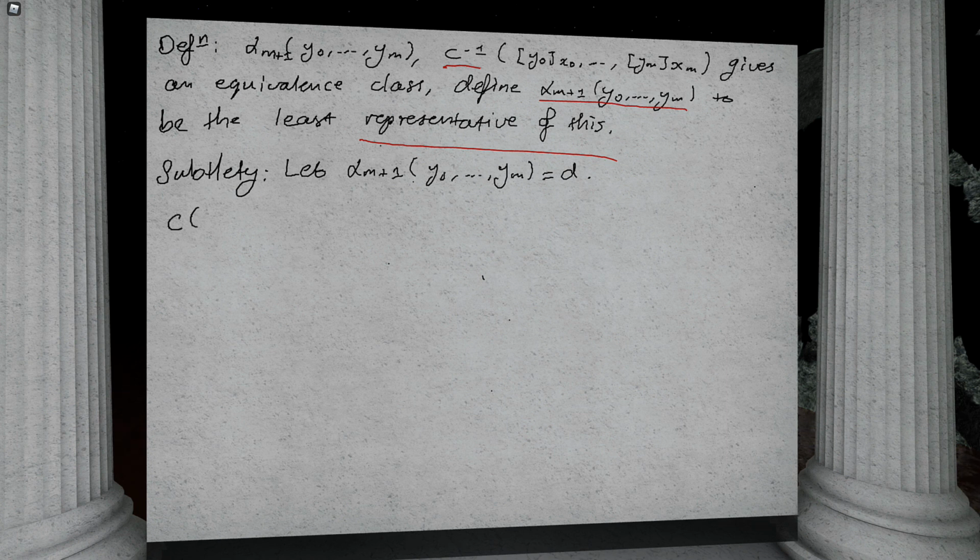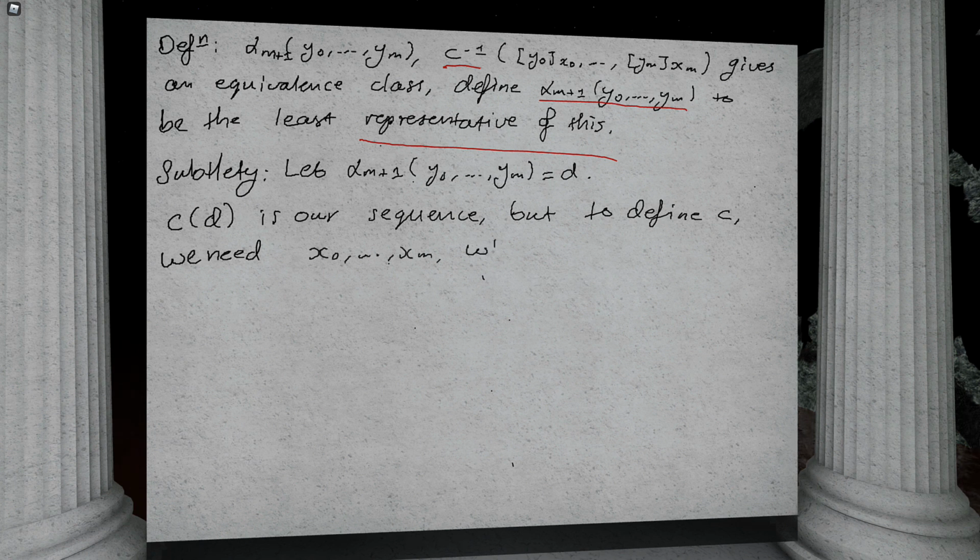Now, c of d is our sequence, but to define c, we need x naught down to xm, where xi equals 1 plus (i plus 1) j factorial, where j factorial is chosen so that j equals the max of m, y naught up to ym, plus 1.